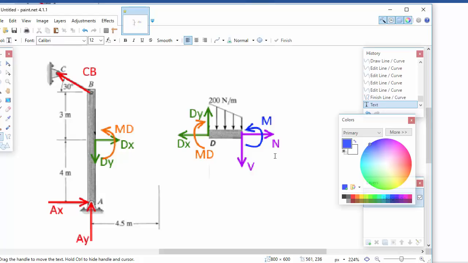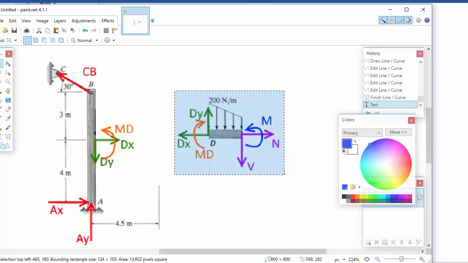Okay, so there's our shear force and bending moment construction diagram. This is not the shear force and the internal force and moment diagram that we're going to end with, but this is the one that we're going to use to get it. Okay.